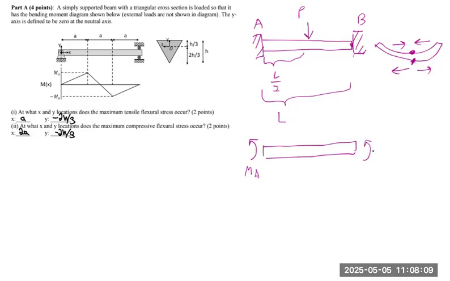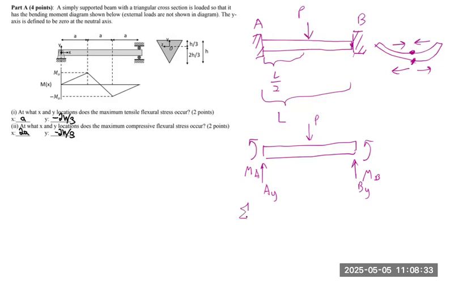And we'll also have a moment at this end B because the end is fixed. We also have reaction forces AY and BY. And we of course have our applied load P.